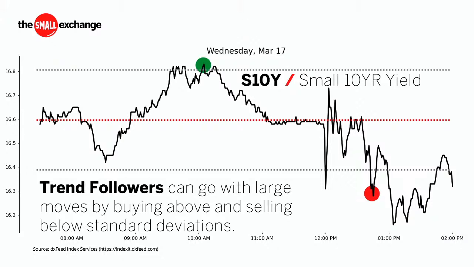Guess what? Someone was on the long side of that trade, and before it came back, they took some money. Same here, especially with the second example of buying later in the day of the small 10-year product. Got down 30 cents, and it got down at some points 40 or even 50 cents before coming back. You can be a contrarian or a trend follower.